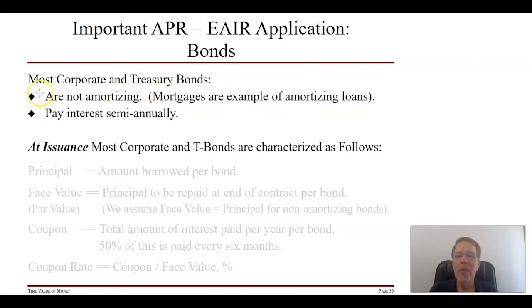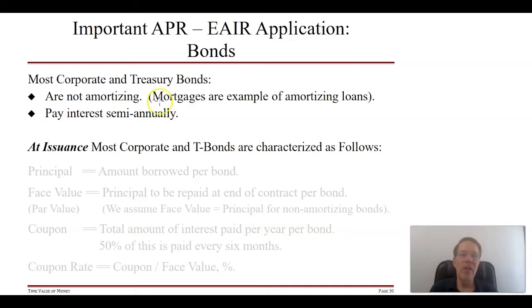Okay, so most corporate bonds and treasury bonds, first of all, are not what we call amortizing loans. Amortizing instruments are instruments where every time the borrower makes a repayment, they're repaying back some of the principal, some of the amount that was originally borrowed, and they're paying interest on the balance that hasn't been paid back yet.